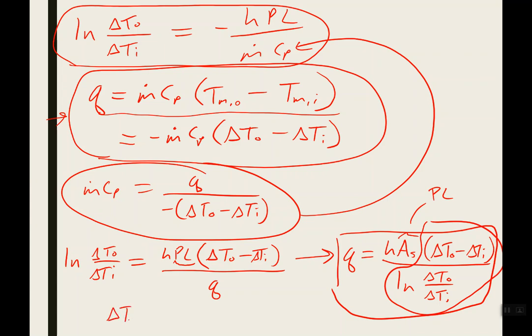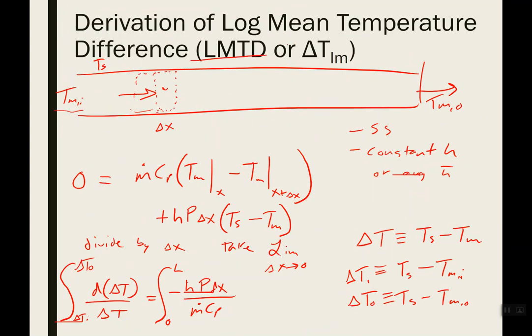So our delta T log mean is defined as delta T at the outlet minus delta T at the inlet, all divided by the natural log of delta T at the outlet over delta T at the inlet. Okay, so now Newton's law of cooling can just be expressed as Q is equal to HA times delta T log mean. And you'll also see people call this the LMTD, the log mean temperature difference.